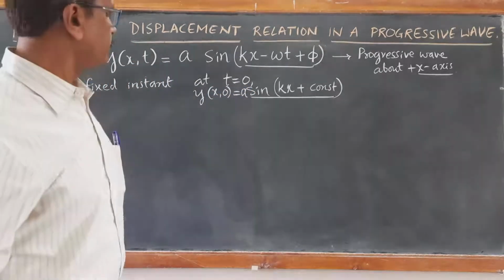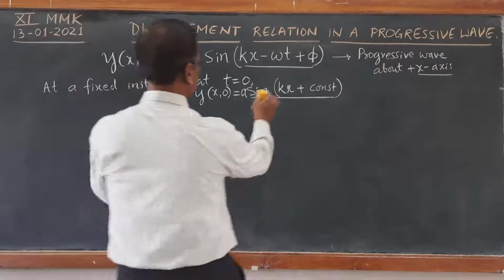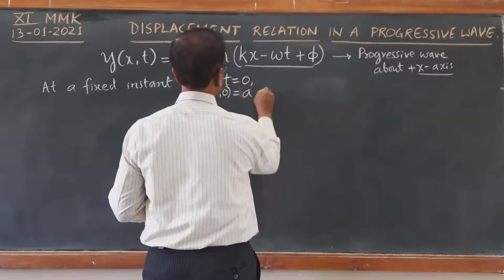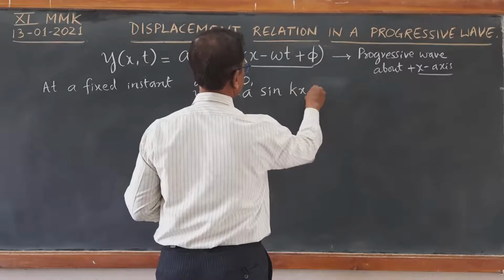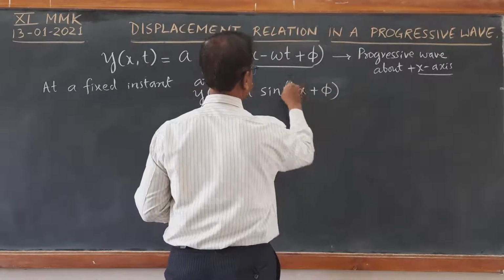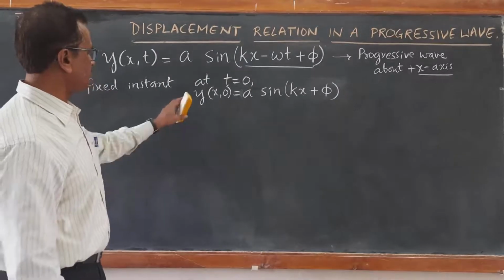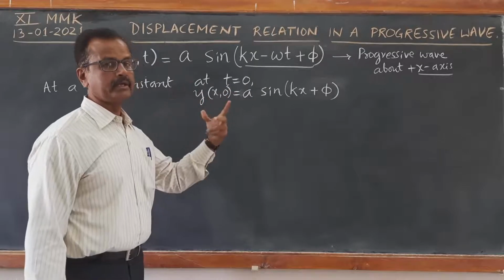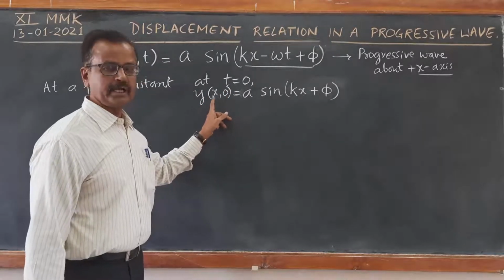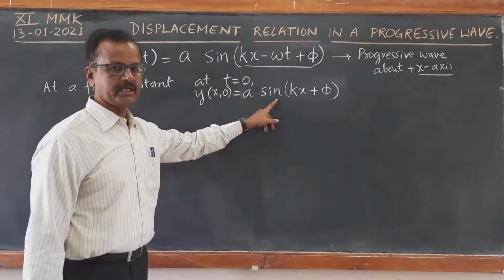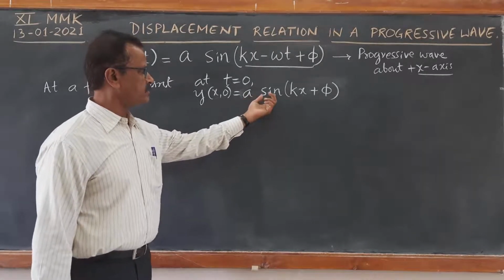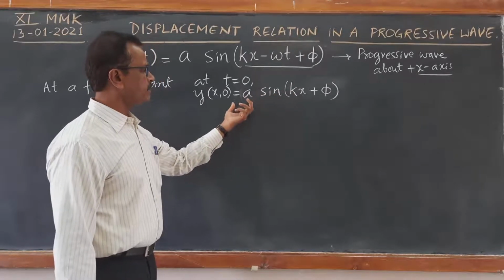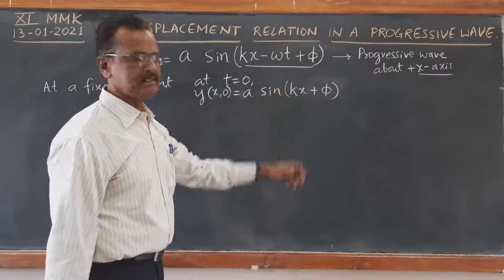I will write it once again for your clear understanding. At time t equal to 0, we get a sine of kx plus the constant phi. Right? Means at that instant t equal to 0, when we start counting the time, the particle at that position x is oscillating simple harmonically, because it is a sine function of the position.